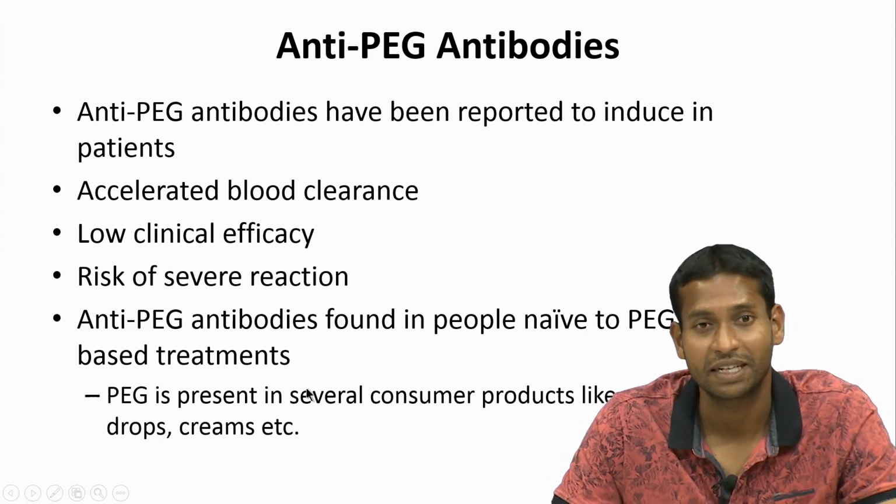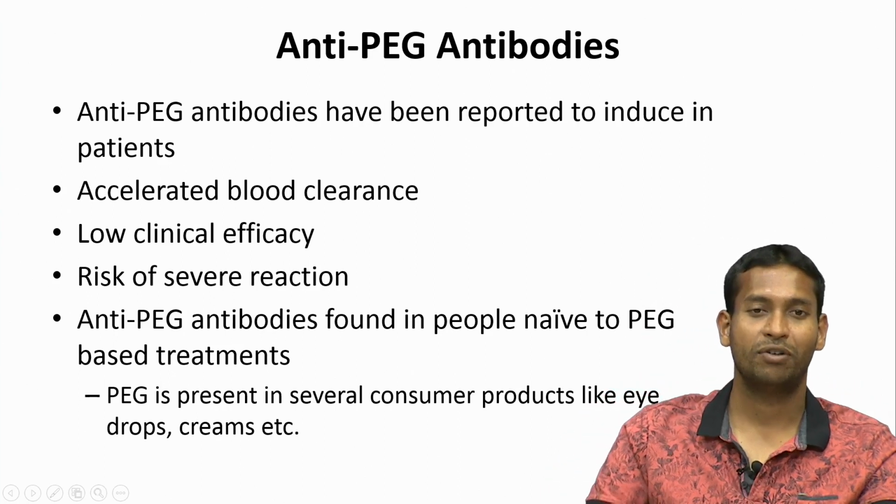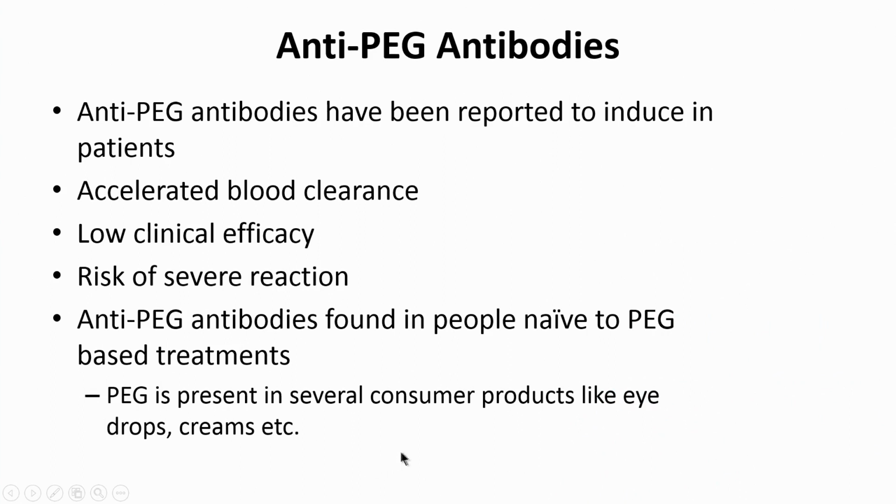What is even more concerning is that the anti-PEG antibodies have been found in people that are naive to PEG, and when I say that, it basically means that these people have never been treated with any of these polymer drug conjugates with PEG. And even then they have antibodies. Why do they have these antibodies?